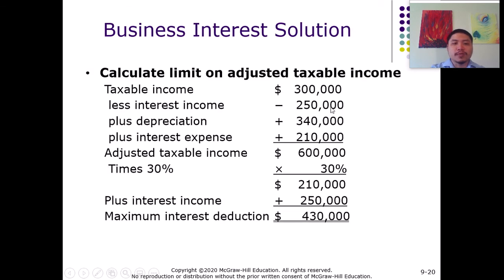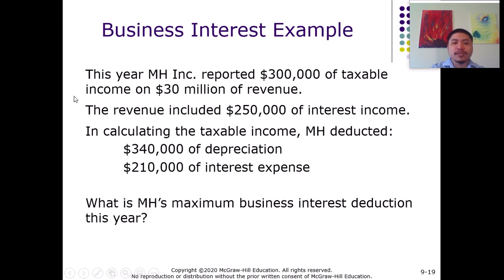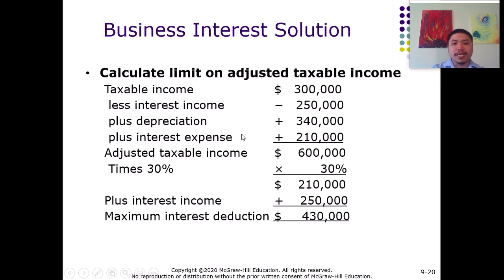So we know the taxable income is $300,000, interest income is $250,000. So we take out the $250,000, and then we add back the depreciation and the interest expense, right? So we know depreciation is $340,000 and interest expense is $210,000. So we add it back here. So that gives us our adjusted taxable income of $600,000, right?